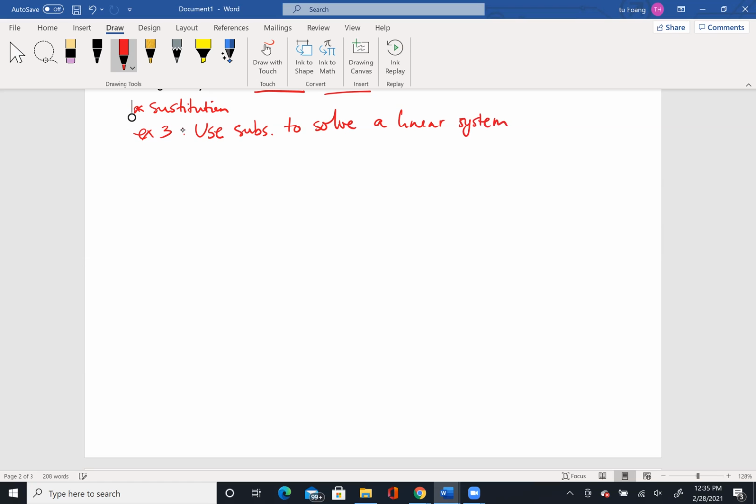I have 2x minus y plus z equal to 7. I have 3y minus z equal to 1. And the last one is z equal to 2.